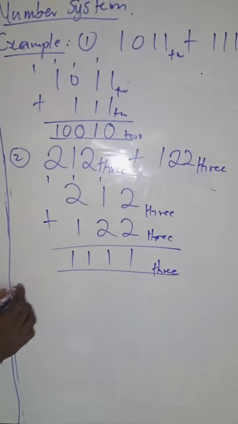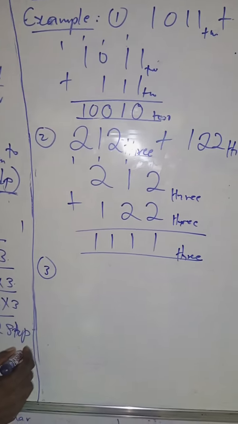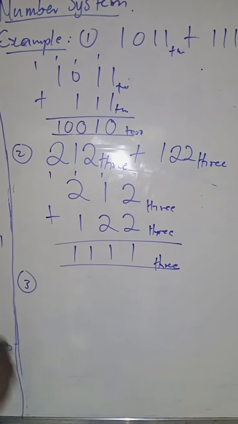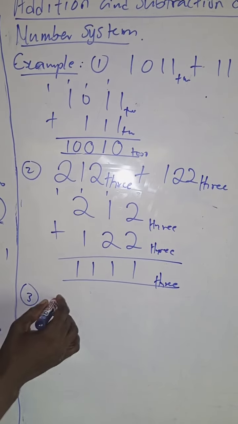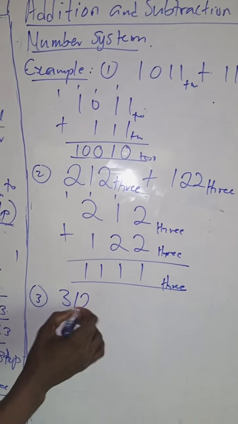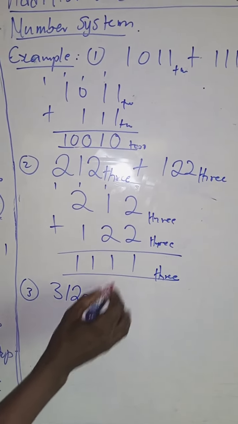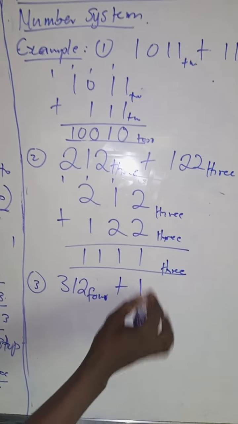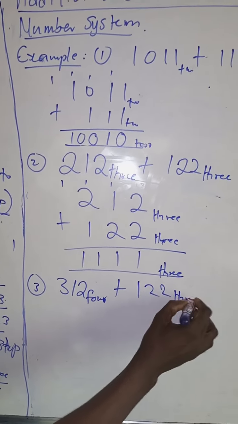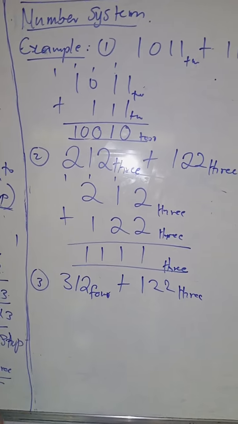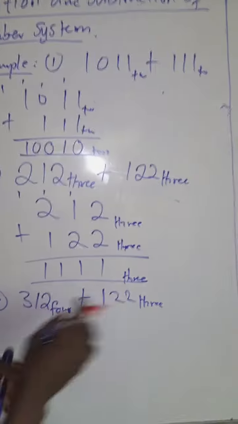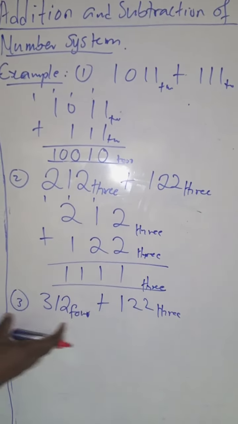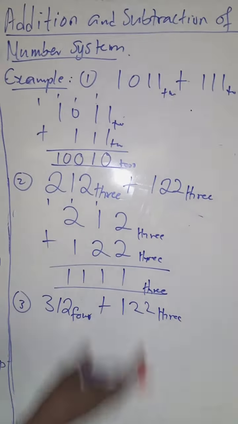What about if the addition comes in this form? Let's say I have 3 1 2 base 4 plus 1 2 2 base 3. You see that they are in different bases. In such a situation, they are going to tell you to leave your answer in some base.